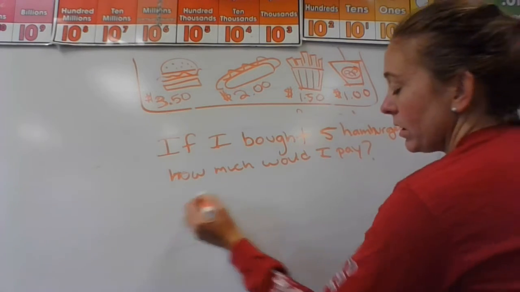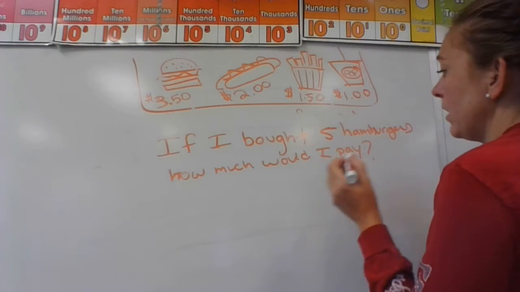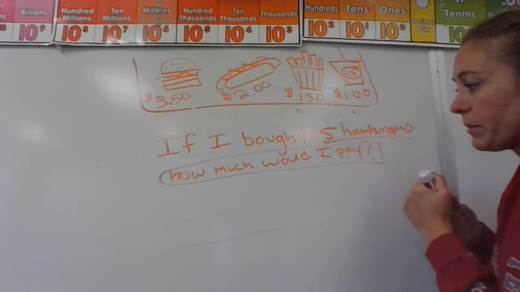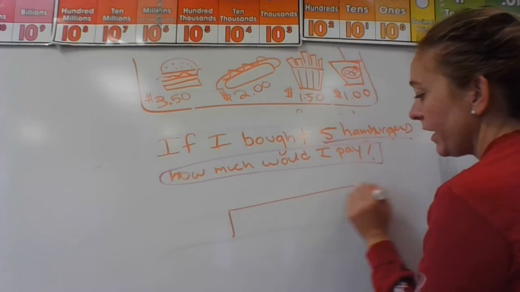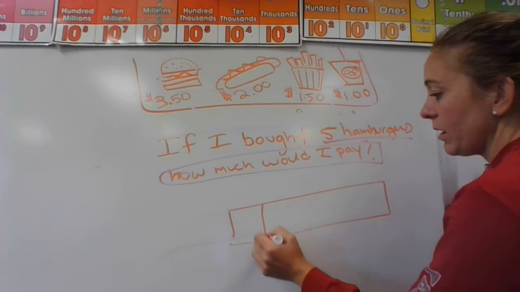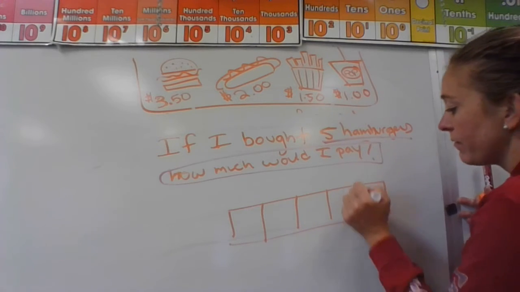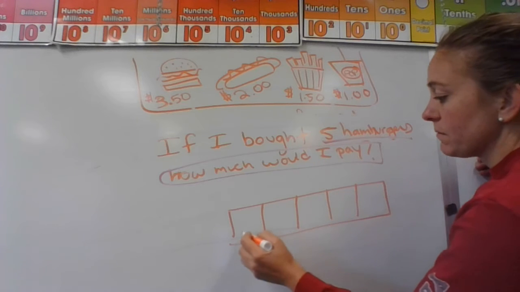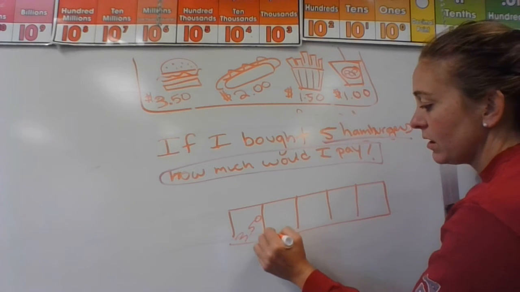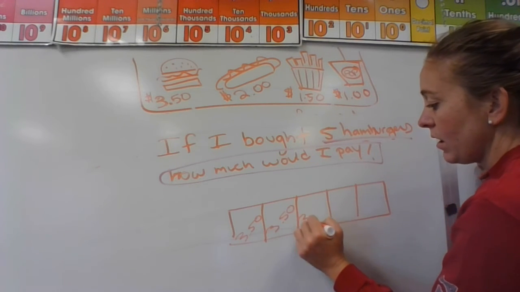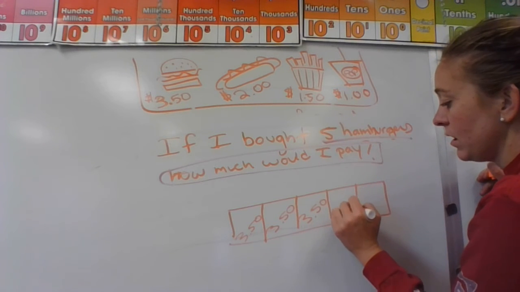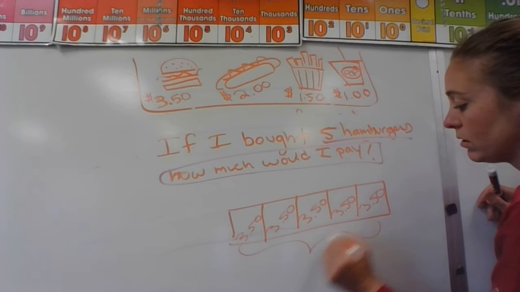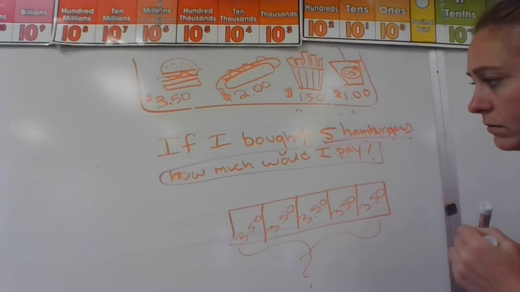Okay, so in this one, we'll underline it really quick. 5 hamburgers, question, how much would I pay? My tape diagram, I've got 5 sets of hamburgers: 1 hamburger, 2, 3, 4, and 5 hamburgers, and they're each worth $3.50. So I'll put that here, $3.50, $3.50, $3.50, $3.50, and $3.50. And I want to know how much total I'm paying.